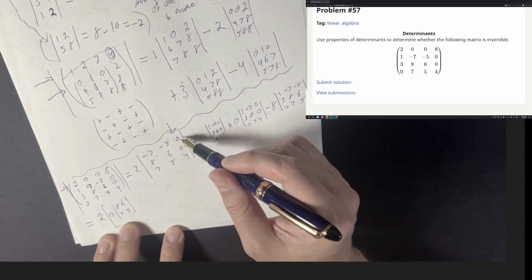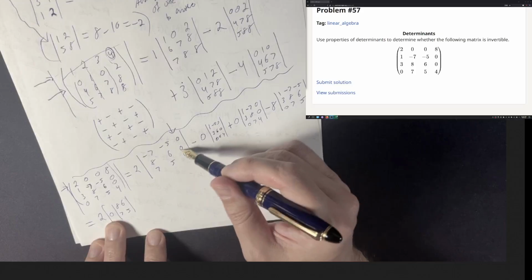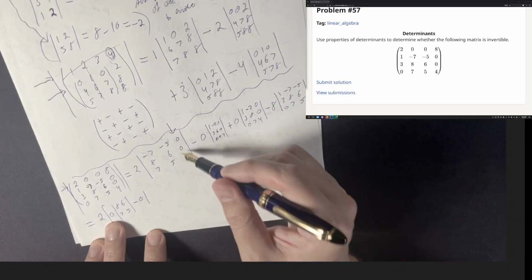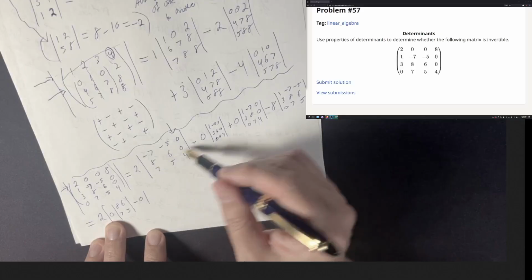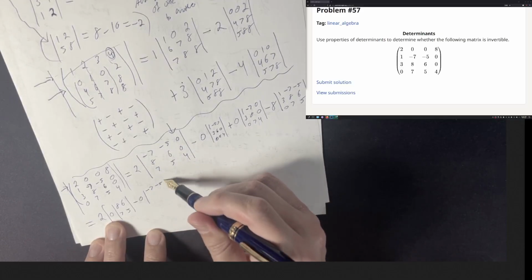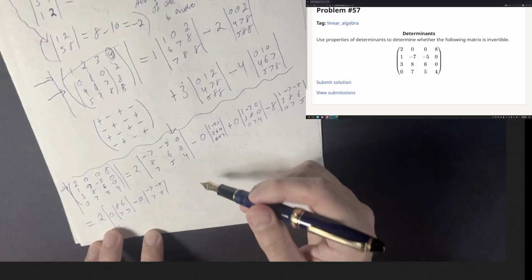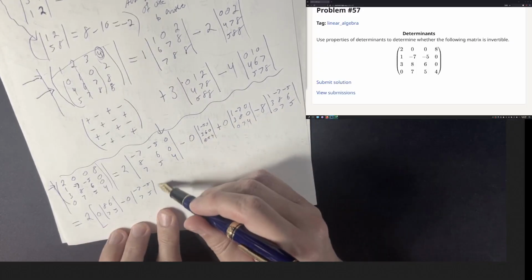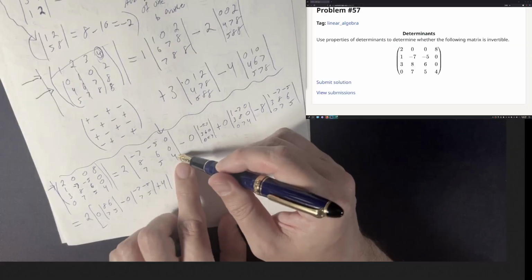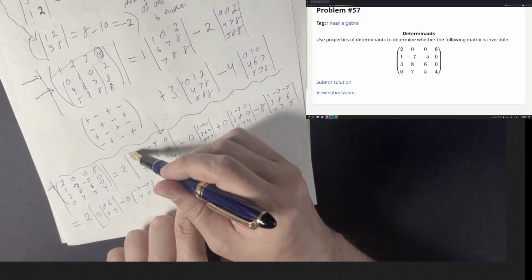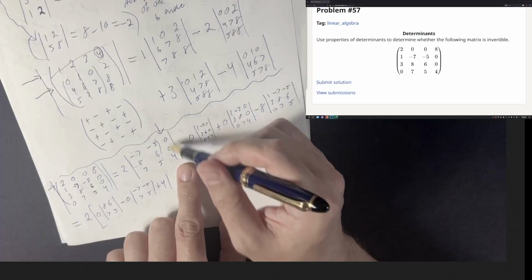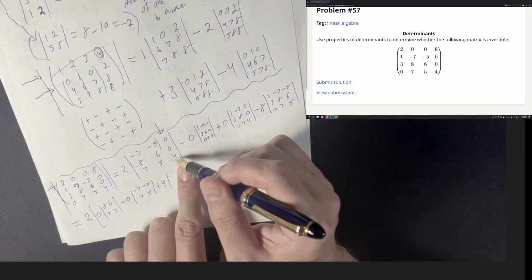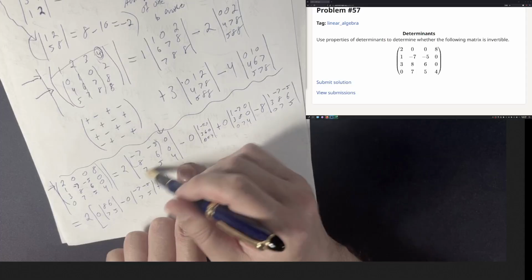What is it? Plus, minus, plus. So positive 0 times this stuff, negative 0 times, if you eliminate this row and column, you'll get negative 7, negative 5, 7, 5. And then finally, positive 4, and then the submatrix that's left when you eliminate the last row and the last column.